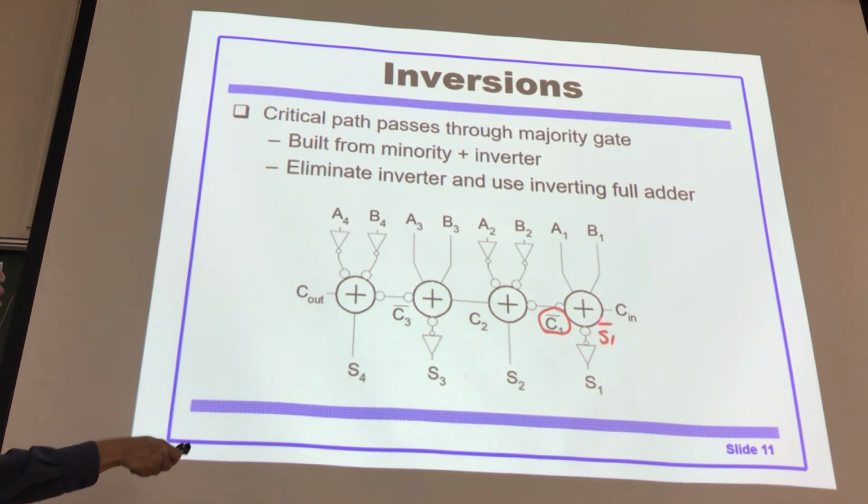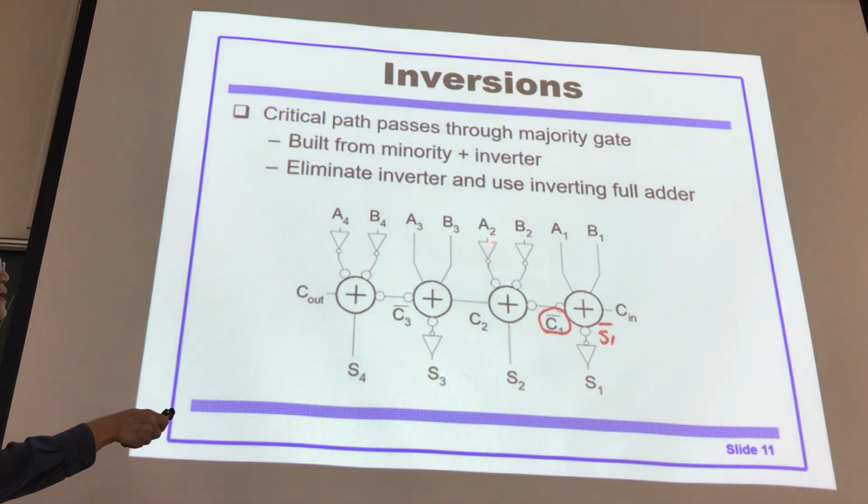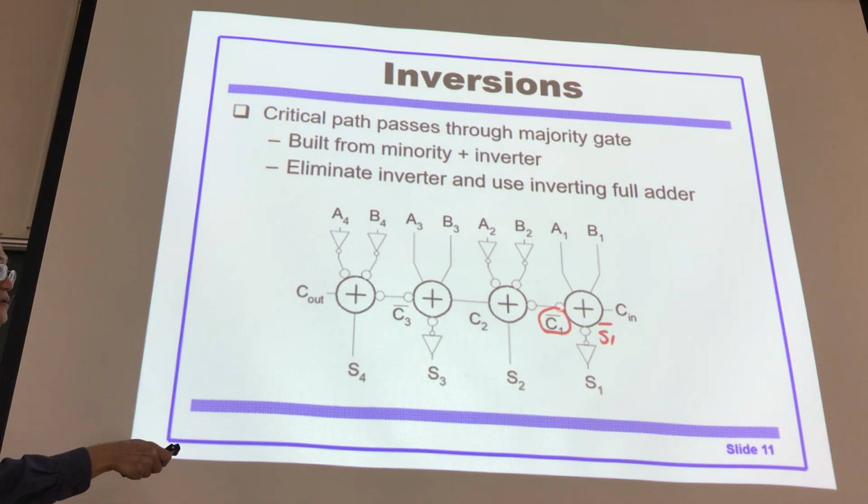For bit position 1, this is a typical full adder to generate S bar and C bar. For bit position 2, using A bar here, B bar here, and C bar here, this circuit is the same as this one. These two are the same circuit.